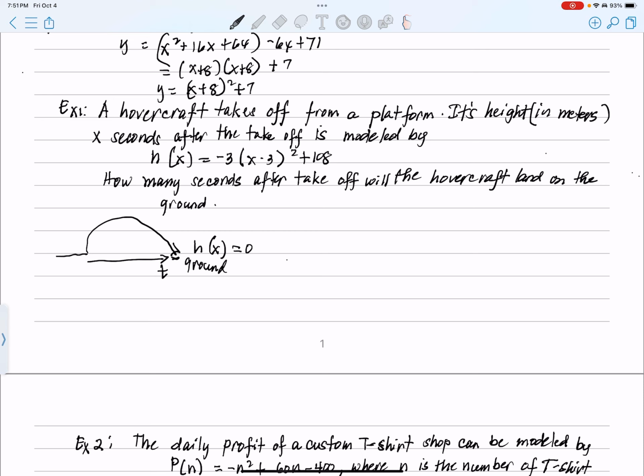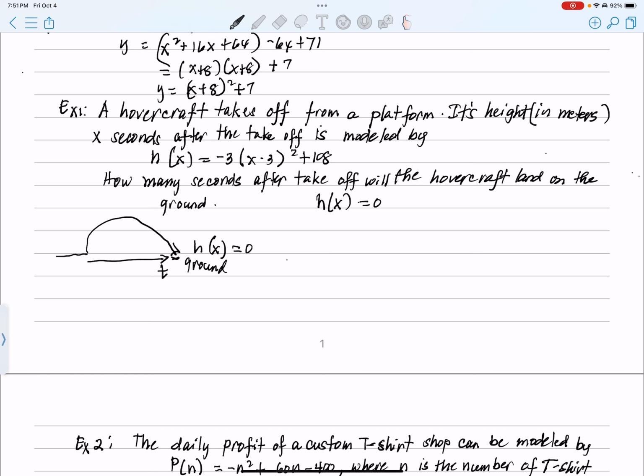Okay? So we could substitute the h of x as 0. So we can have h of x equals 0.